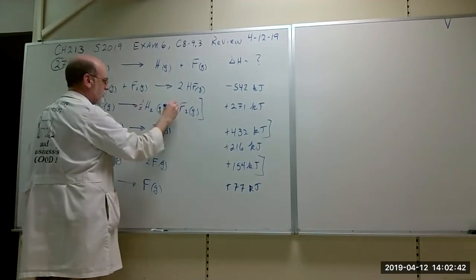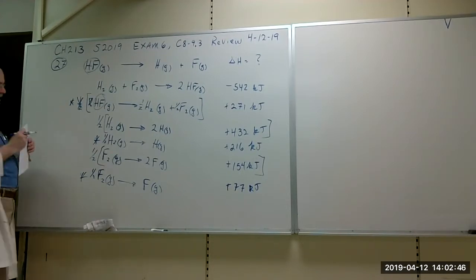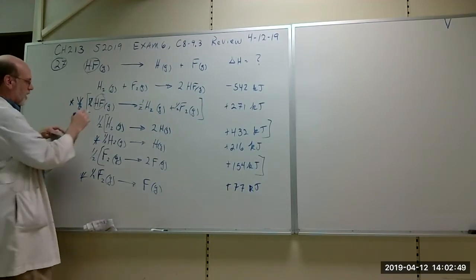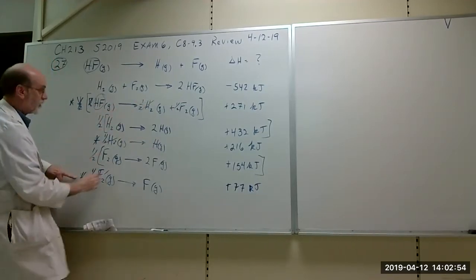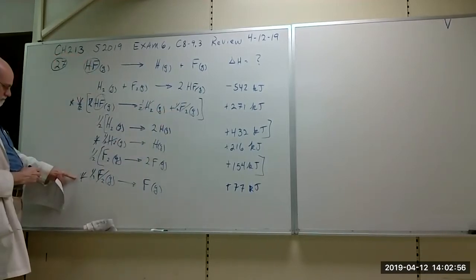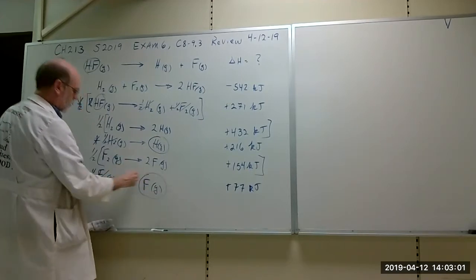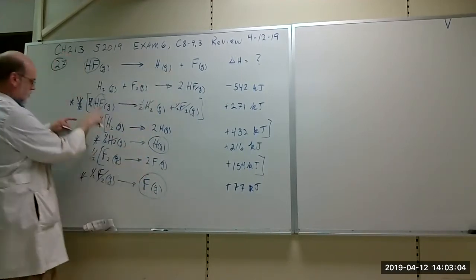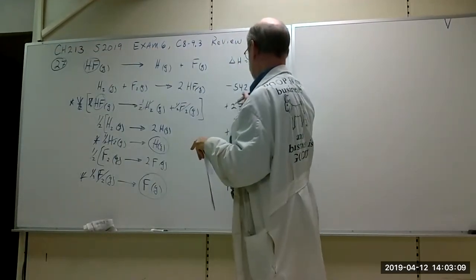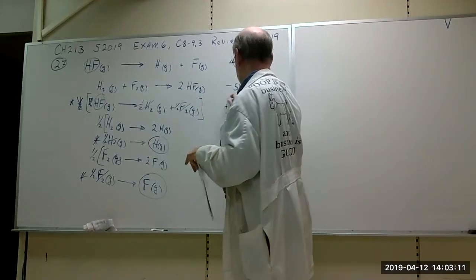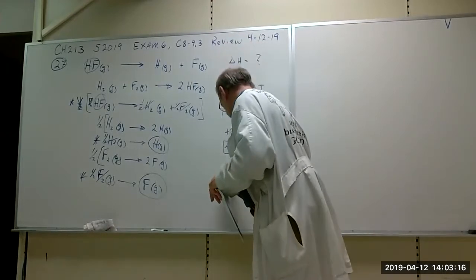So now, keep that one. This one cancels, and this one cancels. And we keep this one and this one for these two. Okay? So we're good there. We add that one to this one and to this one.